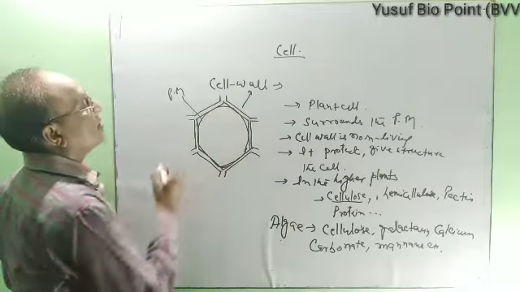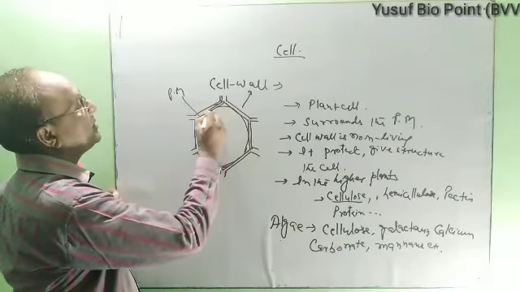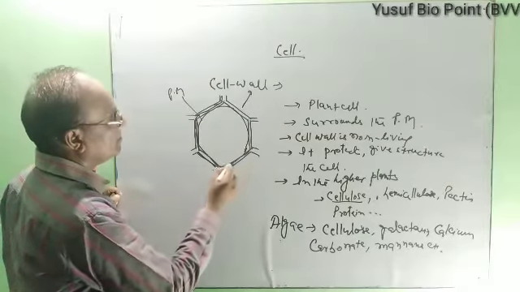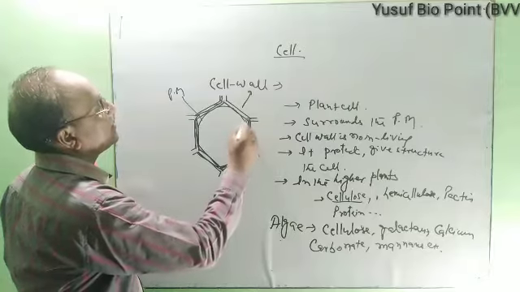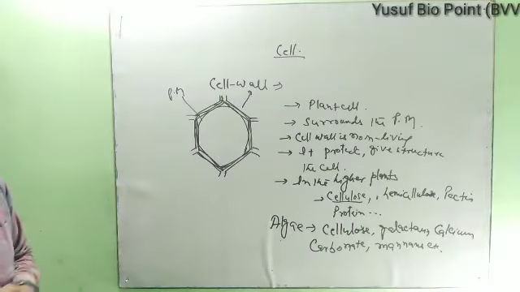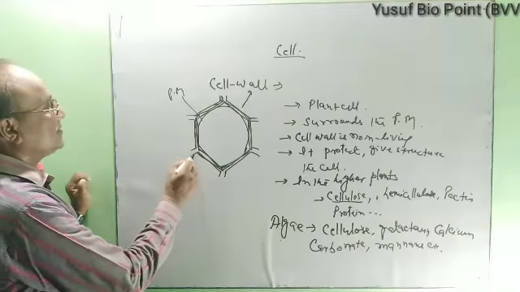In the cell wall, there is a middle lamella, which connects the other cells.